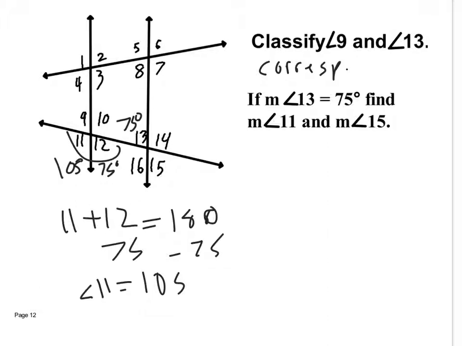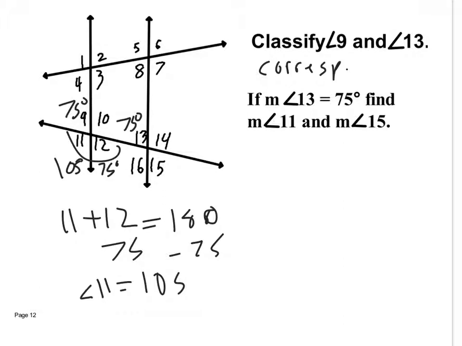105 degrees. What's another way for me of finding 11? If 13 was the only one they gave me, how could I find 11? Could I find out what 9 is? Yes, based off corresponding angles. So if angle 13 is 75 degrees, what's 9 going to be? 75.